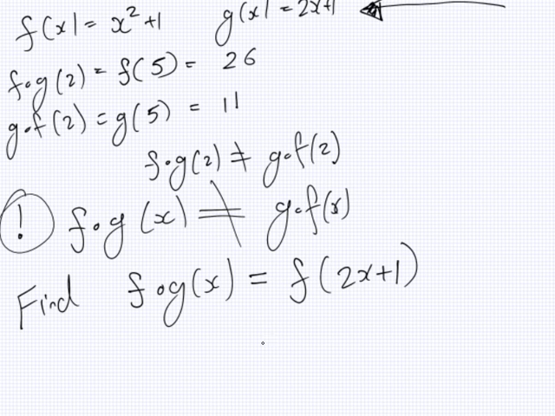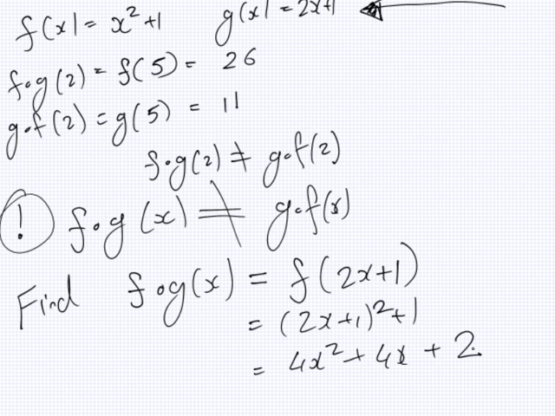Don't listen to them. Right, f of 2x plus 1. Yes? That's 2x plus 1 squared plus 1. That is 4x squared plus 4x plus 2. Did you get that? Are you stopped here?